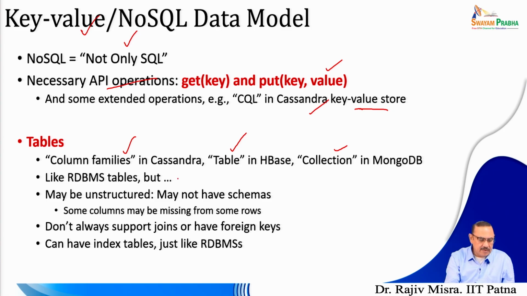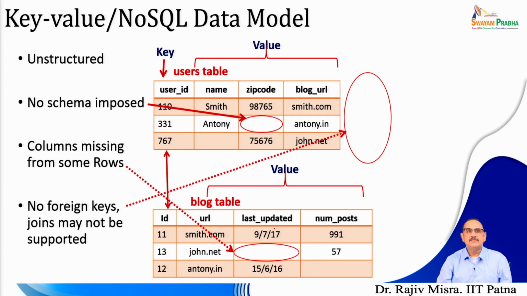These tables are like RDBMS, but quite different. They may be unstructured, do not need to support joins or foreign keys, and have index tables like RDBMS. Take this example: how is it different from RDBMS? Here it is unstructured, that is, it has a key and the rest of the attributes become the value.